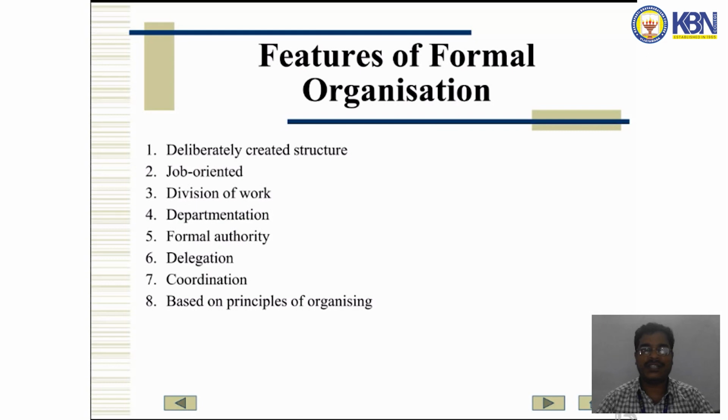A formal organization will have some work division, as well as some departmentation also. There is a formal authority in this formal organization, and even the authority and responsibilities will be delegated in a formal manner.